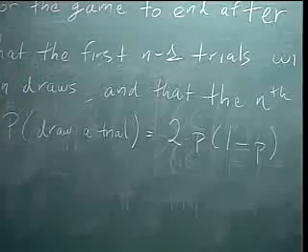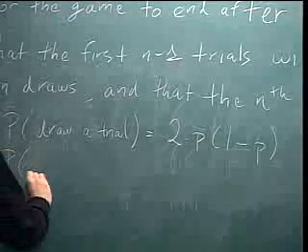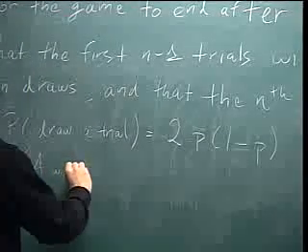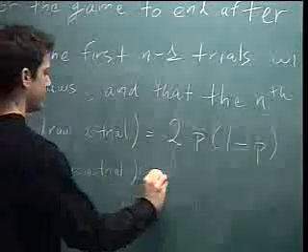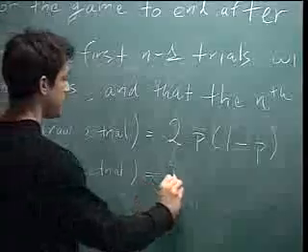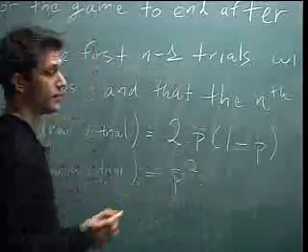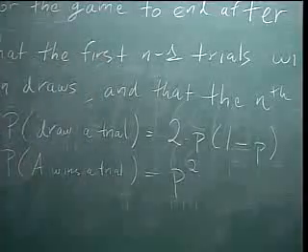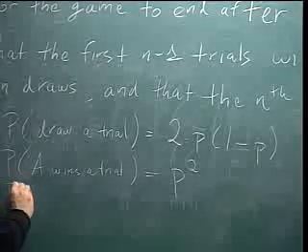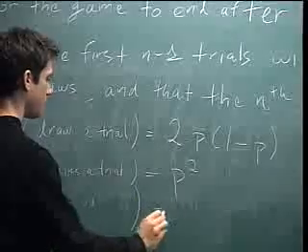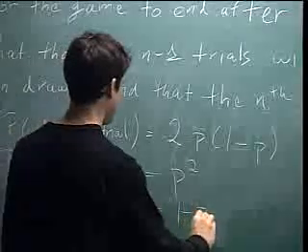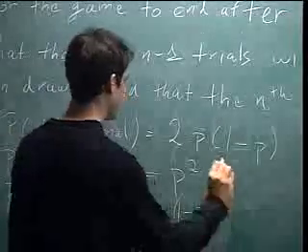And let's say, what is the probability that A wins a trial? Well, that would just be P squared, because he would have to win 2 consecutive times. And the probability that B wins a trial would just be 1 minus P squared. Okay.